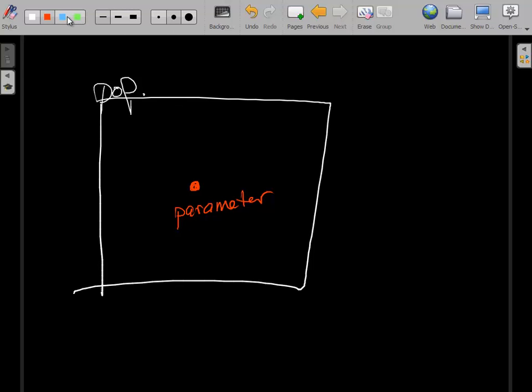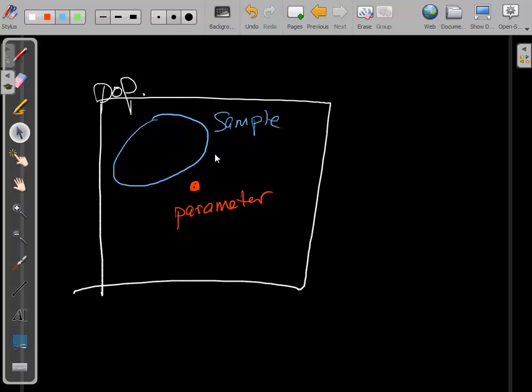Well, that's going to be kind of difficult to do, and so what we can do is collect a sample. But let's take this little oval as our sample. Okay, within this sample, notice it doesn't represent the whole population, but it represents this part of it. Now the sample might come from over here, might come from over here, might come from right here. It doesn't have to come from any particular area. I mean, our goal is always to get a representative sample, but it doesn't always happen.